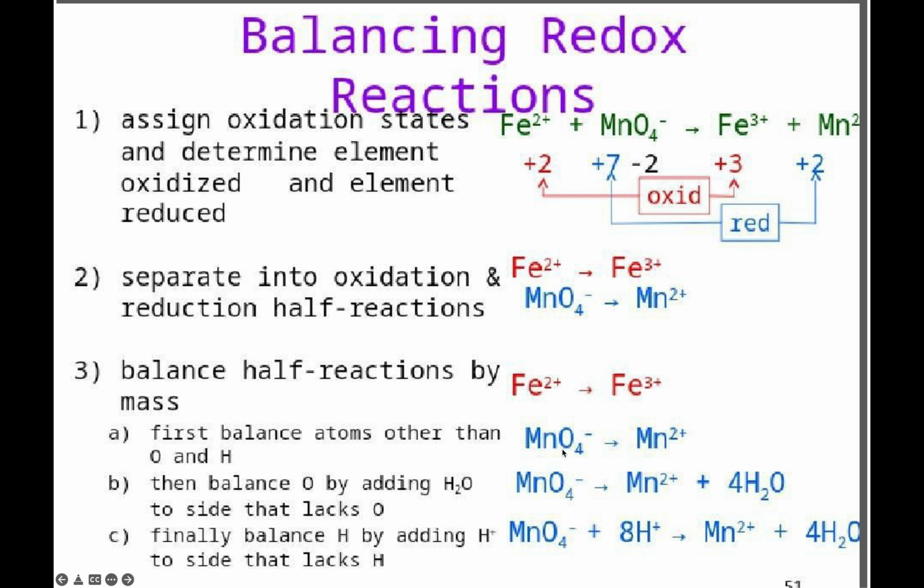So if a side is lacking oxygen, add water to that side. Once oxygen is balanced, you have to balance hydrogen by adding H+ to whichever side lacks H+. Okay, now this is very easy to solve.